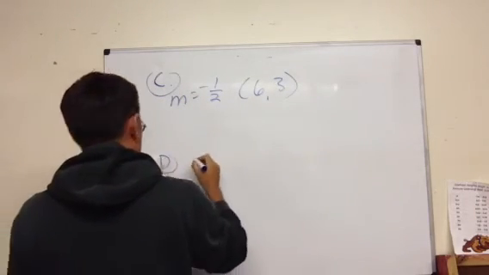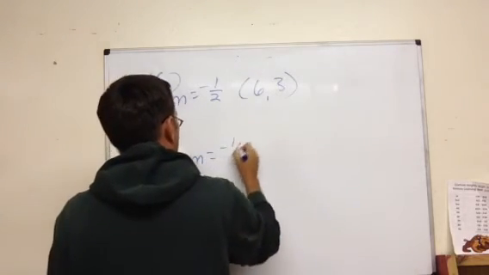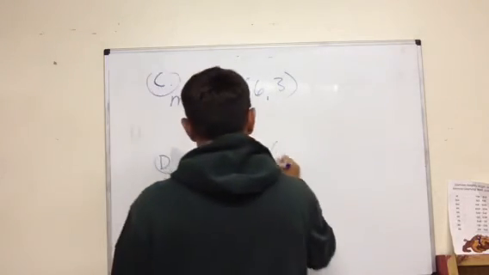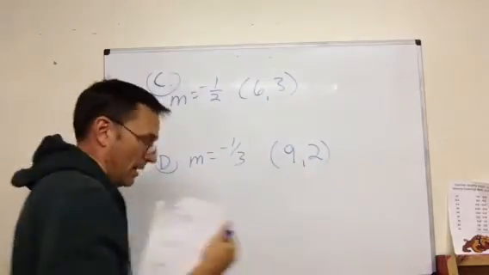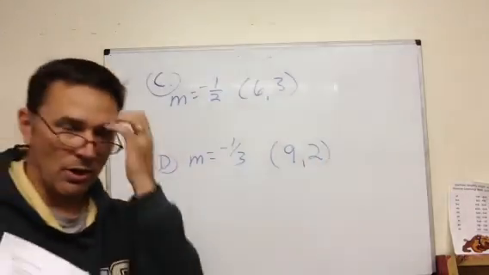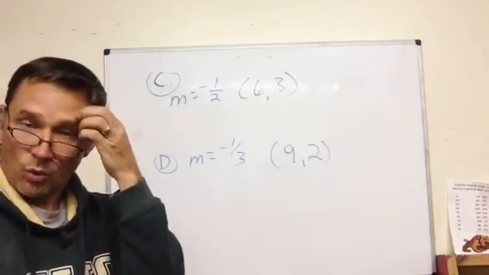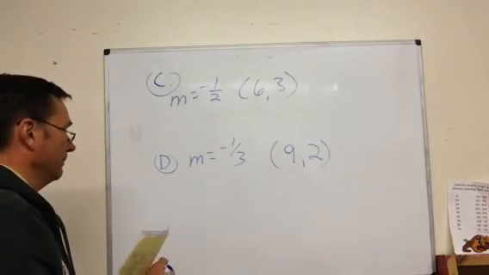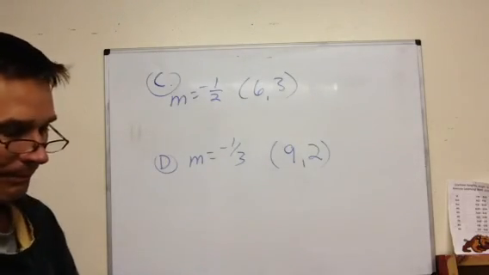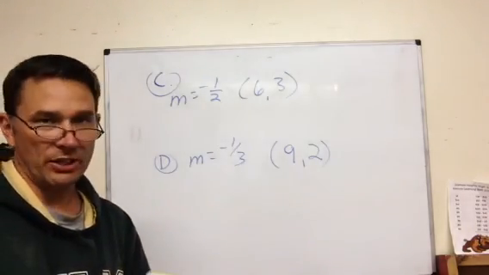And letter D. M equals negative 1/3, passing through the point 9, comma 2. Go ahead and try those two on your own. And we'll go over them after the video, after you watch this. Okay. We will pick up the next section on the next video.